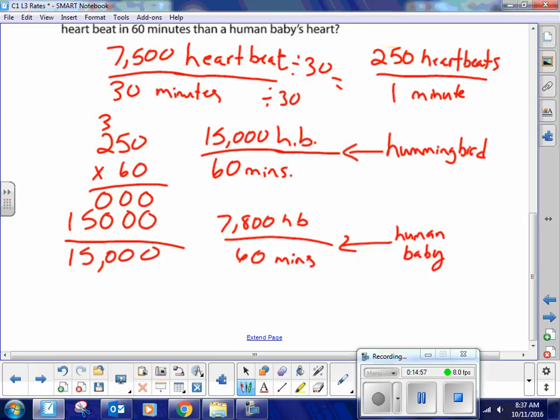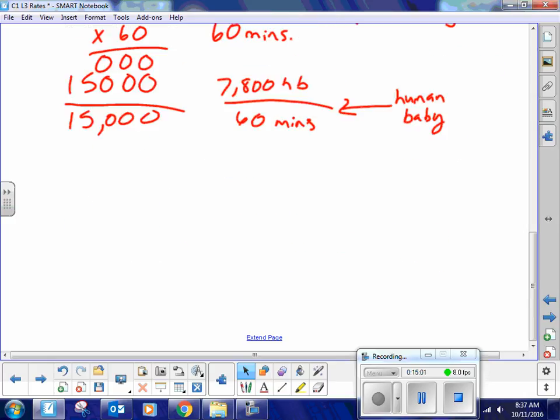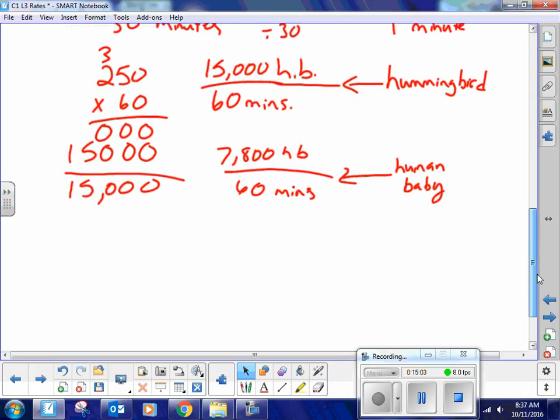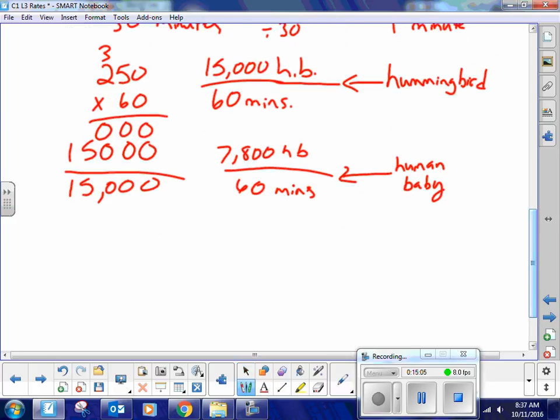And now we've got to do a little subtraction to figure out the difference, because they want to know the difference. Scroll this back down so we can see our work. We know that 15,000 is bigger than 7,800, and we do a little easy subtraction. That becomes a 4, 0 becomes a 14.